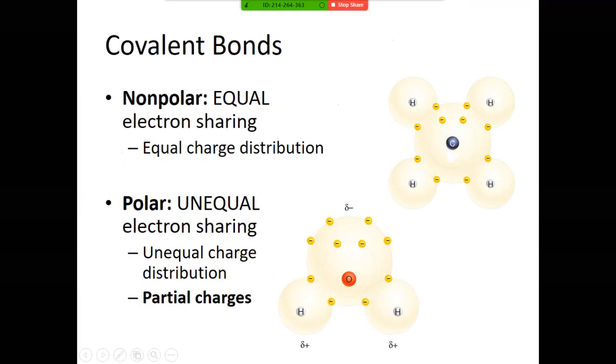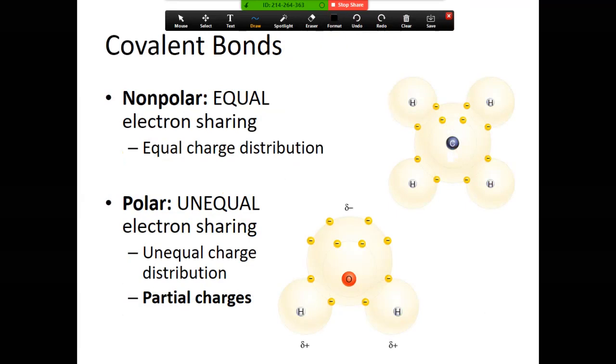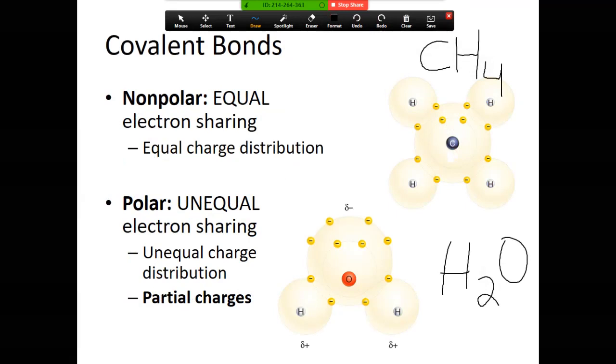All right, so here we've got an example of a polar and a nonpolar molecule. The top molecule that you see has a molecular formula of CH4. This is actually methane. Okay. And on the bottom, we've got good old H2O. So methane, if you look at this methane molecule, you can see that these electrons are very evenly dispersed.